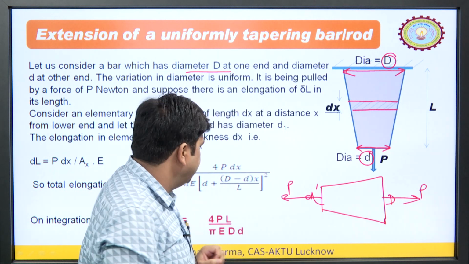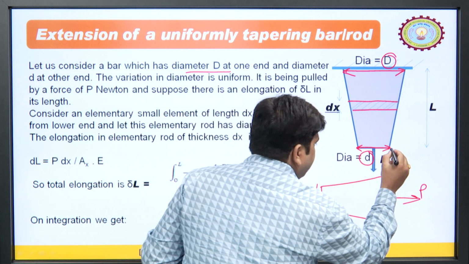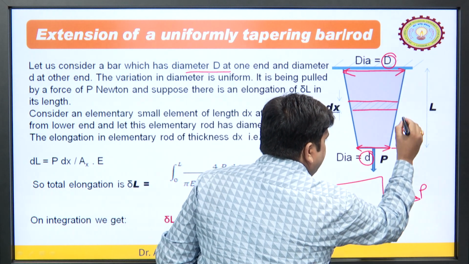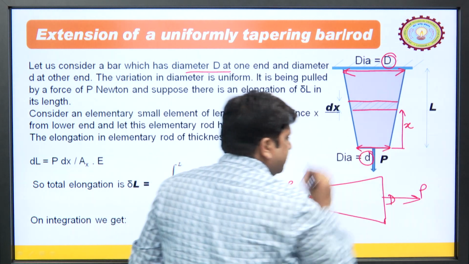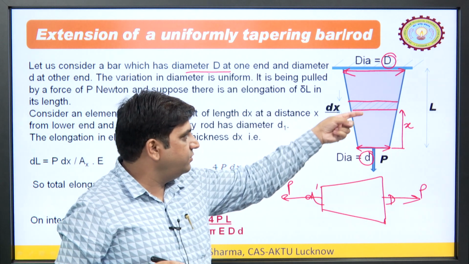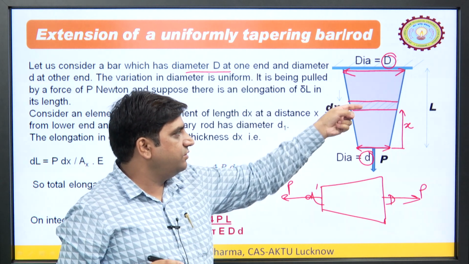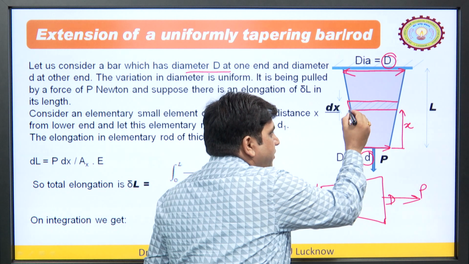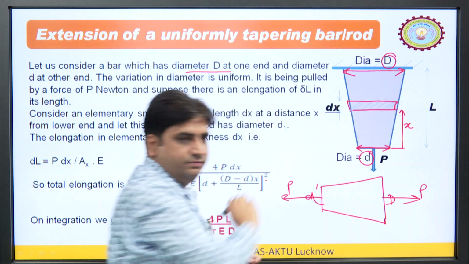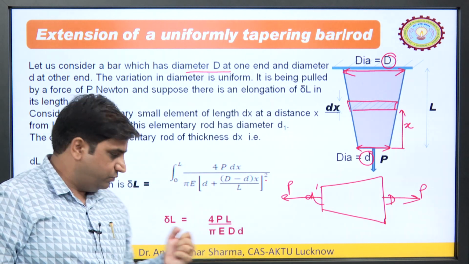Let us say this is at a distance of x. From here to here it is x and the thickness of this is dx. So, it will also behave like a member, right. So, we will pull it down.